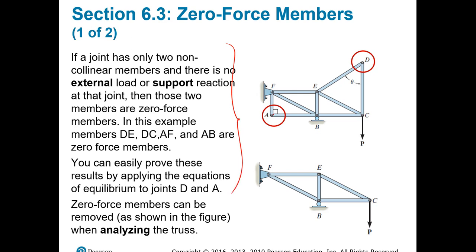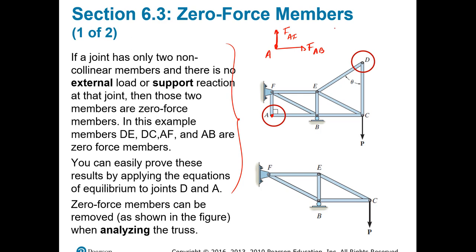But if we focus on point A, for example, if we do a free body diagram, we will have tension, that's what we assume. This is A, I'm just going to label, so this is F_AF, and then we have another force right here that we will call F_AB.